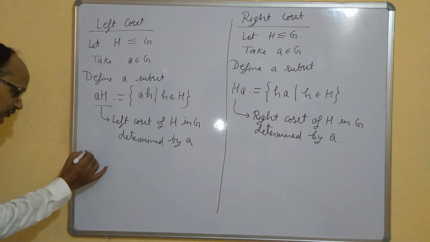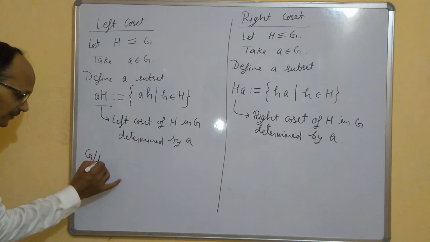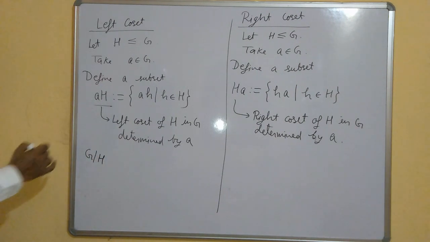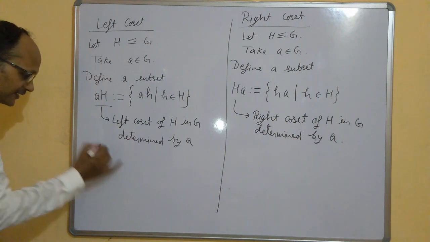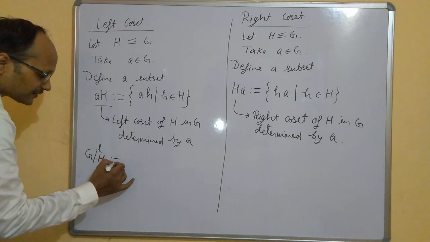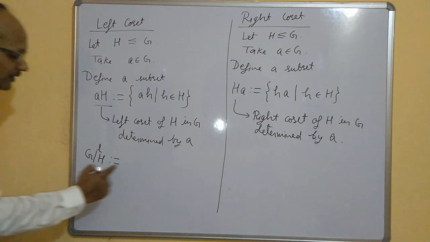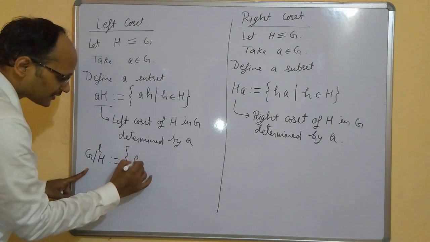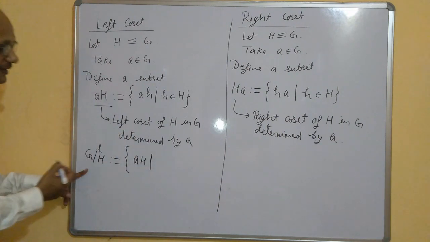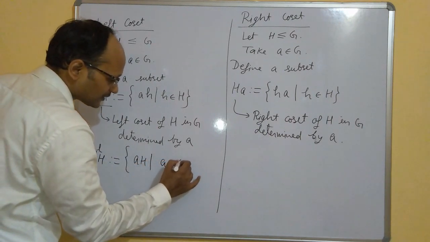So one thing we can do, we can collect all such subsets, and because it is left, I am writing here L, and this is called the set of all left cosets, meaning we have collected all left cosets such that a is in G.